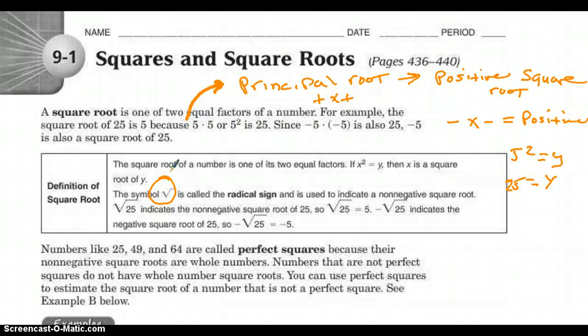Now we also have the negative square root, or non-principal square root. The negative square root of 25 is negative 5. You take the square root first, what's inside the radical, just like PEMDAS, and you put the negative on the outside.